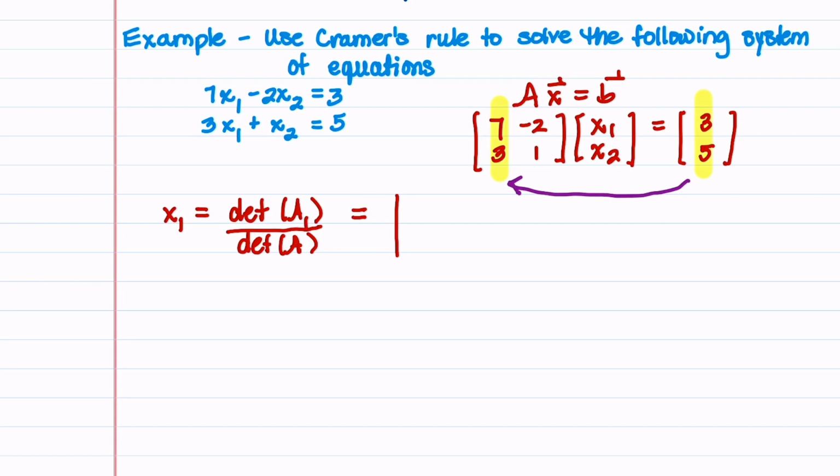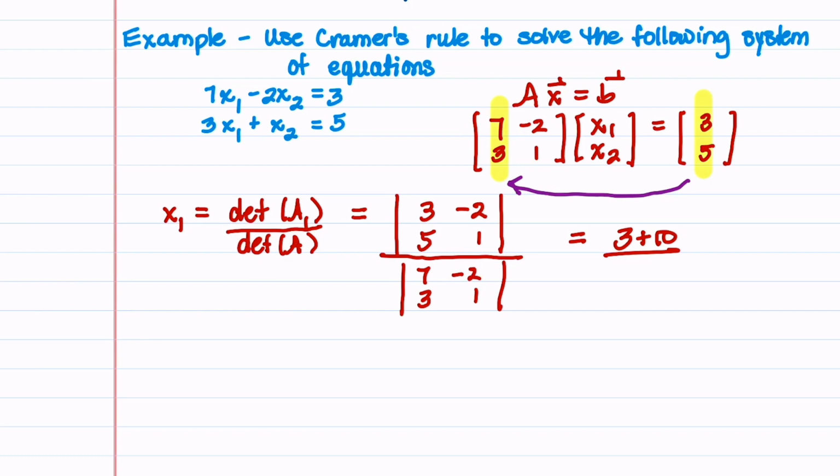We have 3, 5 instead of 7, 3, and then minus 2, 1. And then in the denominator, we have our A, 7, 3, minus 2, 1. And this is going to equal 3 plus 10 divided by 7 plus 6. So 13 over 13, which is equal to 1. So X1 is equal to 1.